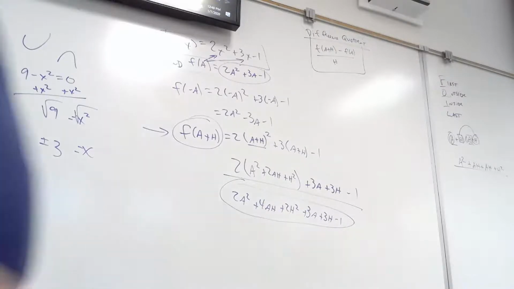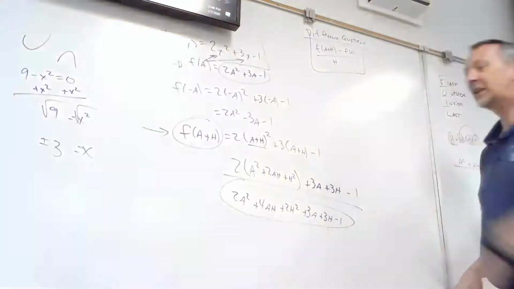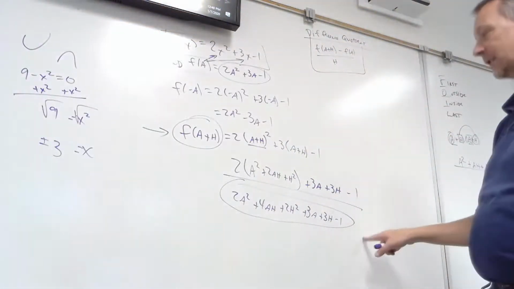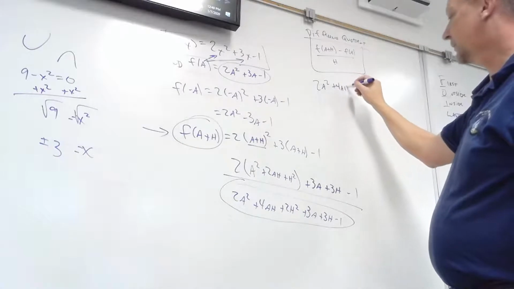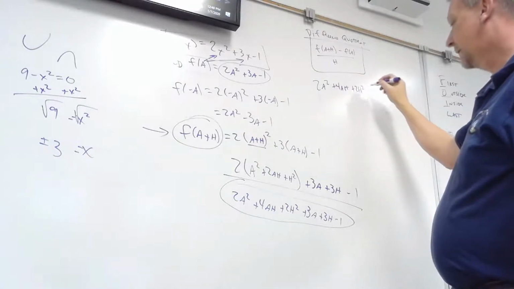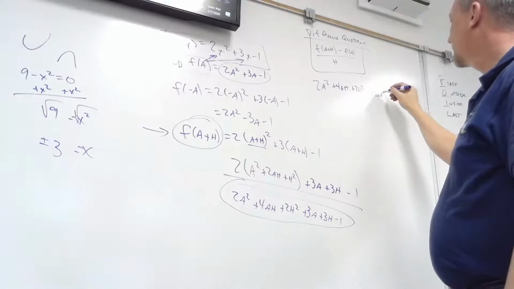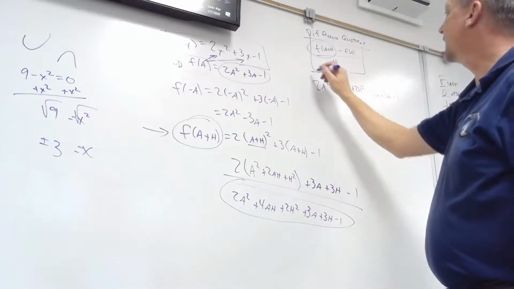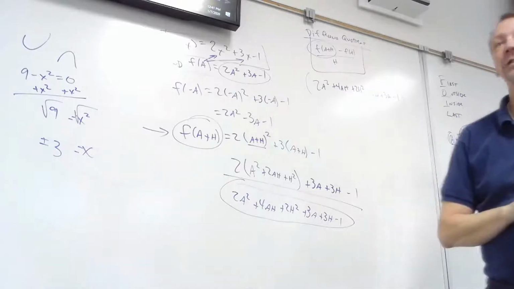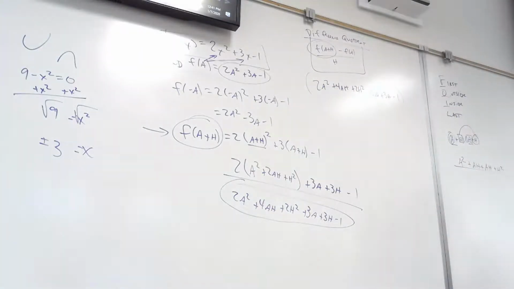Right there, Javier. So f of A plus H equals what? So 2A squared plus 4AH plus 2H squared plus 3A plus 3H minus 1, okay? So that is this piece here. I'm going to put that in parentheses just to set it up, okay?